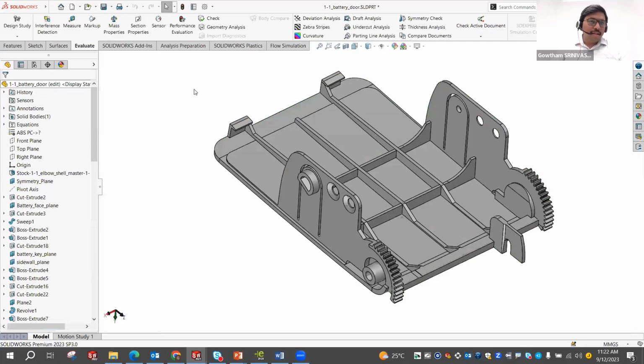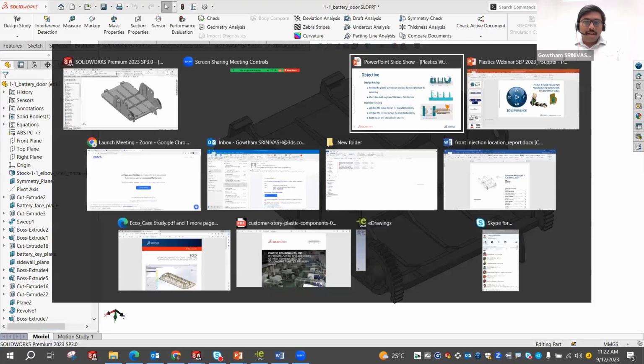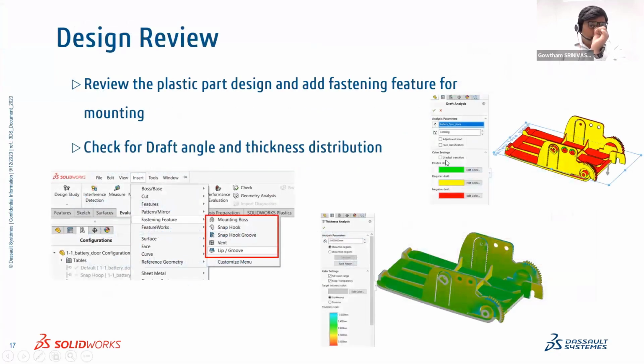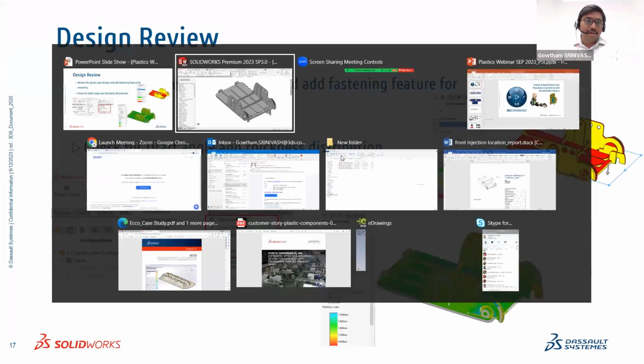Okay, so what we did, we reviewed our design. We checked its draft angle and the thickness distribution. Now I am okay with my design. So this is my initial design. Now I need to look at the manufacturability of this plastic component.